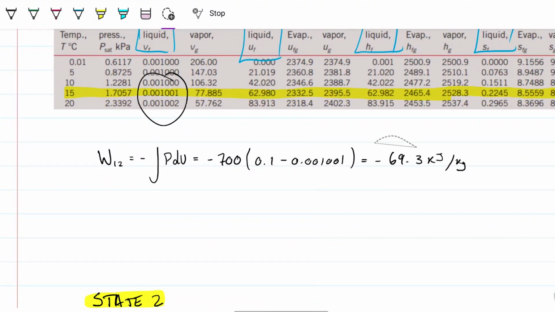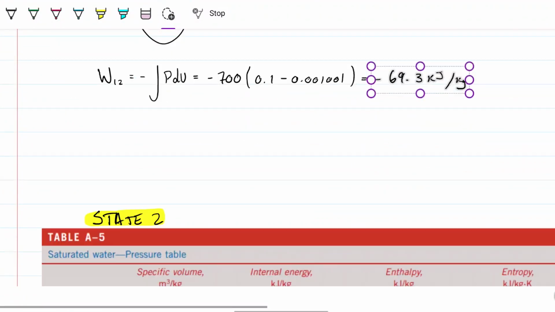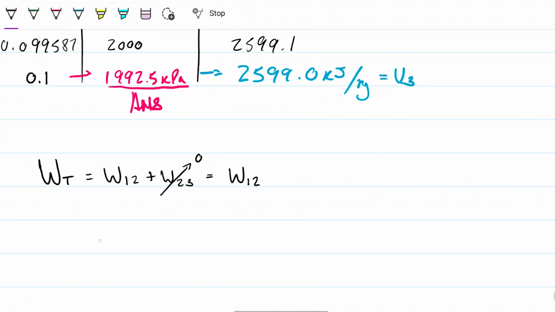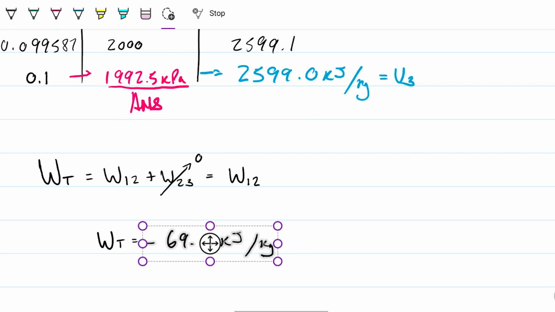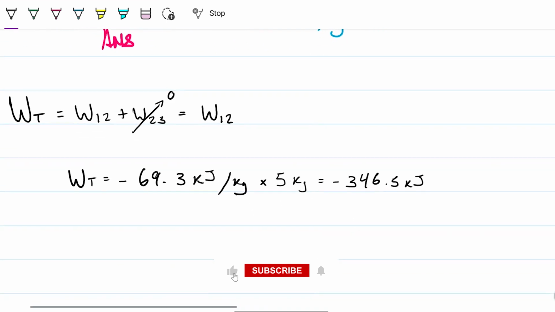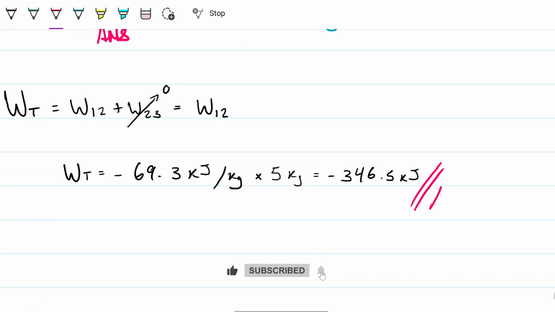If I grab this value and bring it down here, then I can say that my total work equals this multiplied by 5 kilograms, which is the amount of mass we have. That gives me 346.5 kilojoules. Okay, that is one of the things we were after.